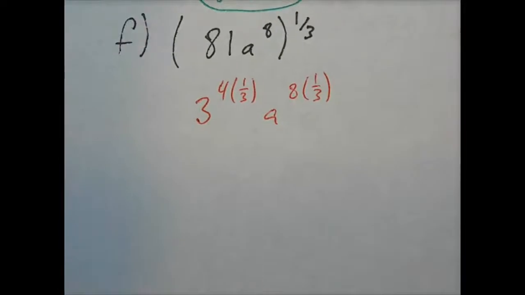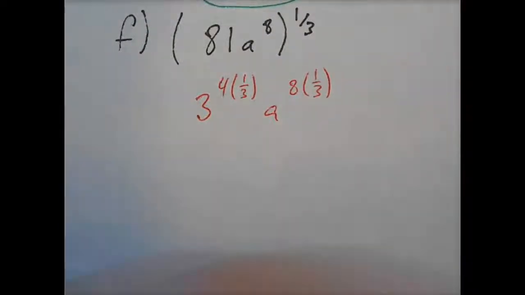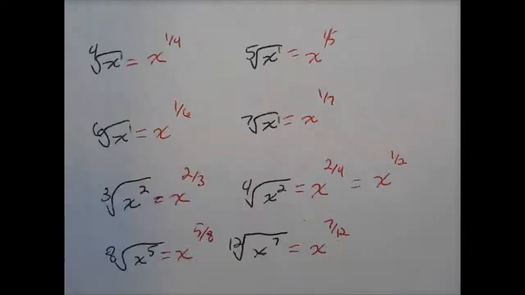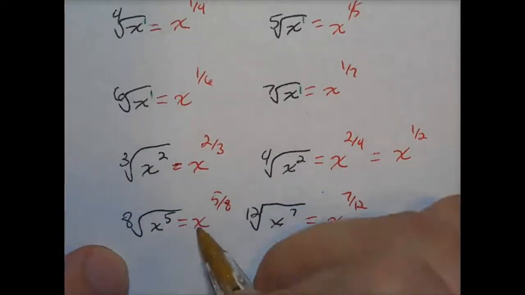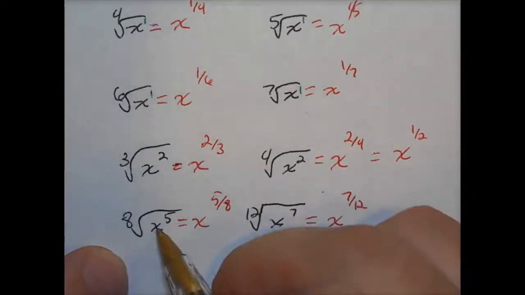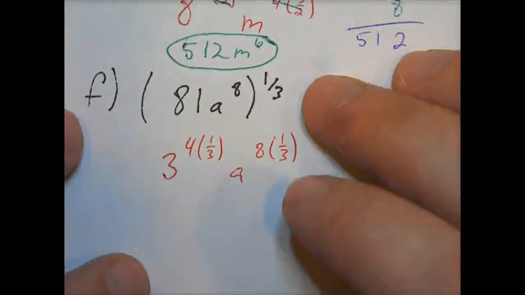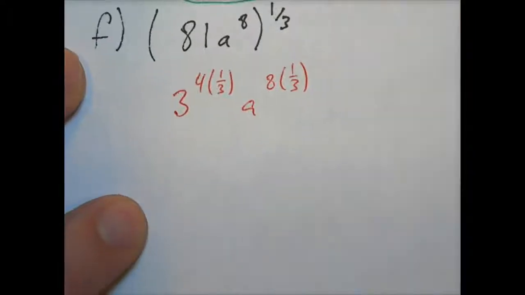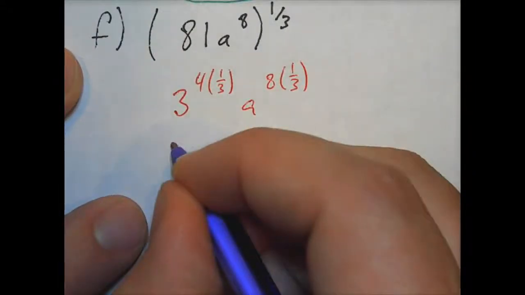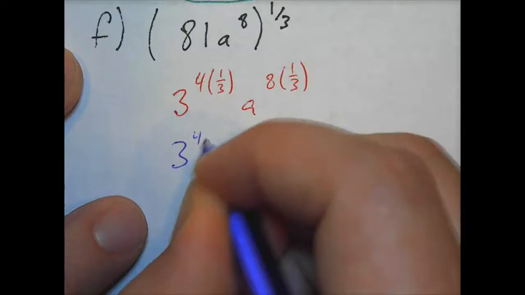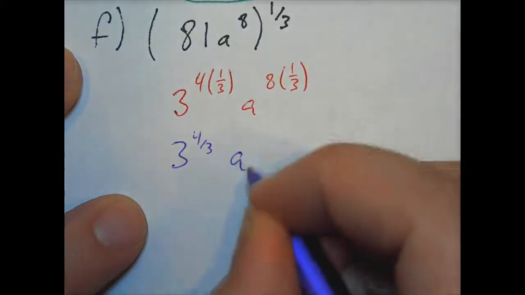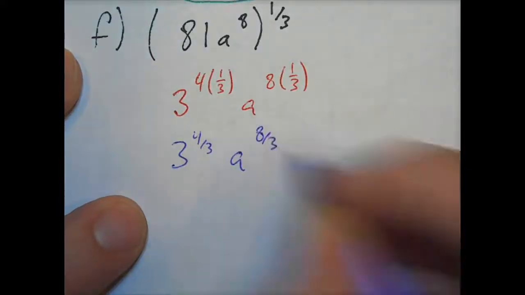So now these are not nice and pretty. But what happens here is just like what we were talking about up here. If we have like x to the 5/8, well, then that's x to the fifth and the 8th root of it. So this would be 3 to the 4/3, a to the 8/3.